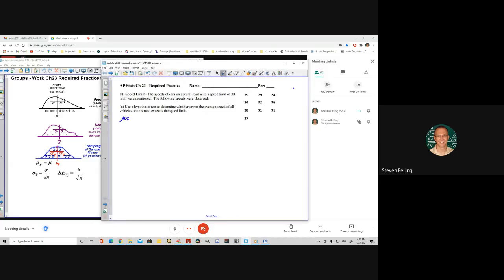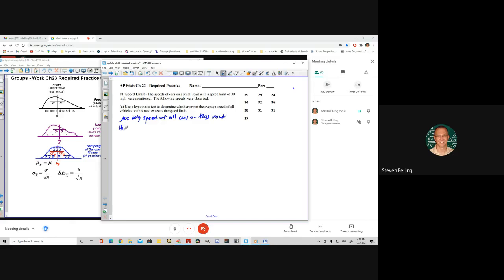I have a standard deviation too, but this is asking me about whether or not the average speed exceeds the speed limit. So it's going to be about the average. So let's define this as the average speed of all cars on this road. We'll use the symbol mu for that.